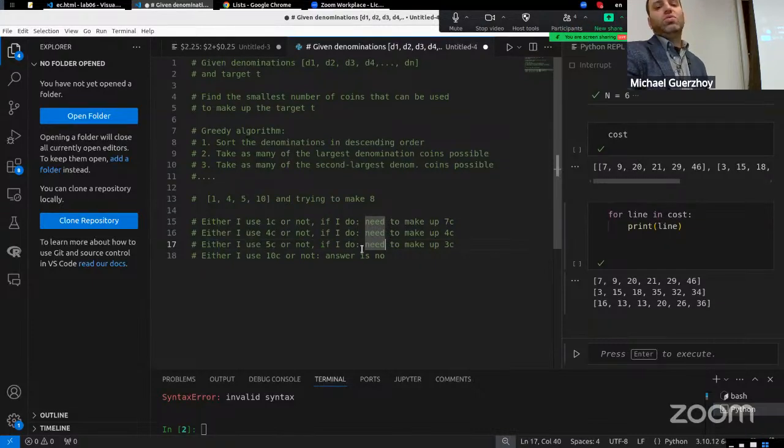What is the total amount of coins that I use if I make the choice of using 1 penny? The answer is 1 plus whatever I need to make up 7. If I do that, the total amount of coins is 1 plus whatever amount I need in order to make up 4.